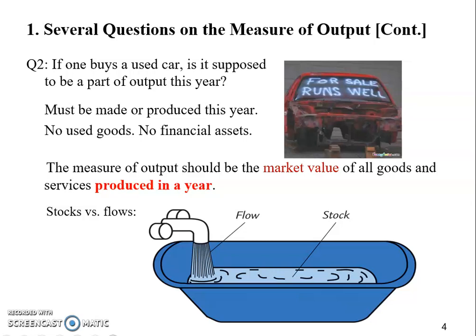So when we talk about the stock, we don't have to specify the amount of time. You can just simply tell me, from what you see or what you can measure, how many gallons of water are in the tub. But when we talk about the flow, we have to specify. You can use this idea to figure out why we don't want to include any financial assets.